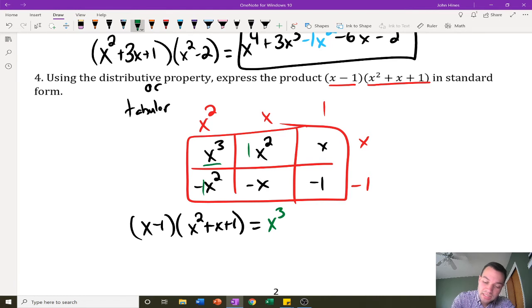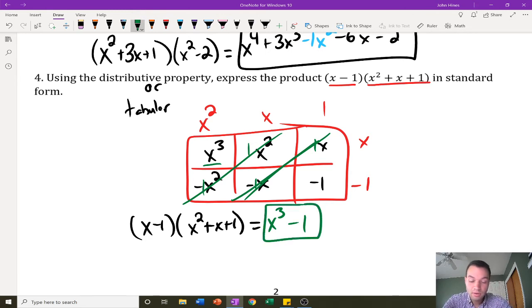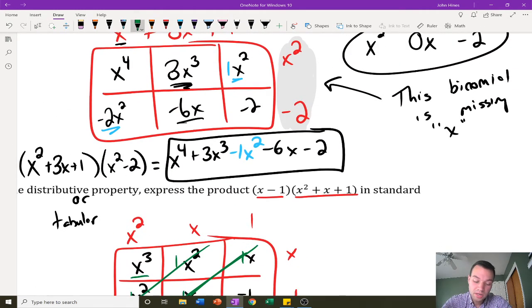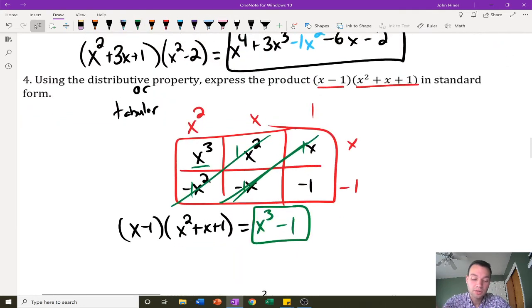So these guys add to 0, so we're going to say goodbye. 1x and negative 1x, those guys also add to 0. Goodbye. And I'm left with a negative 1. So that right there is my product. It's in standard form, but remember, there's some people missing. There's 0x squareds, there's 0 x's in this polynomial.